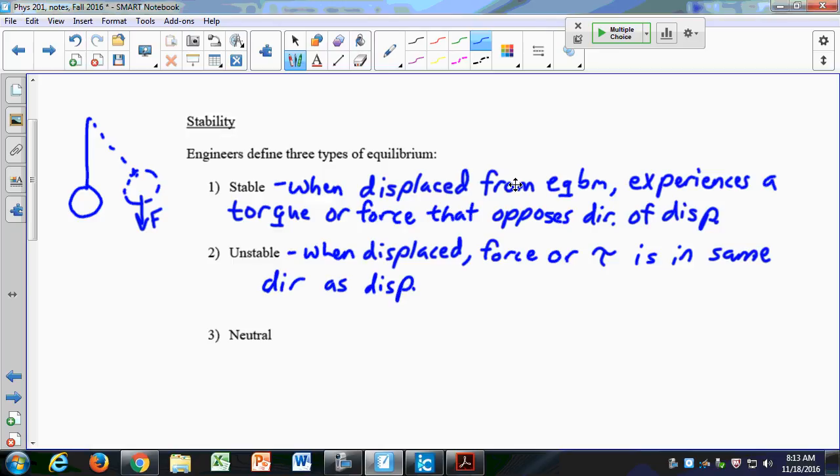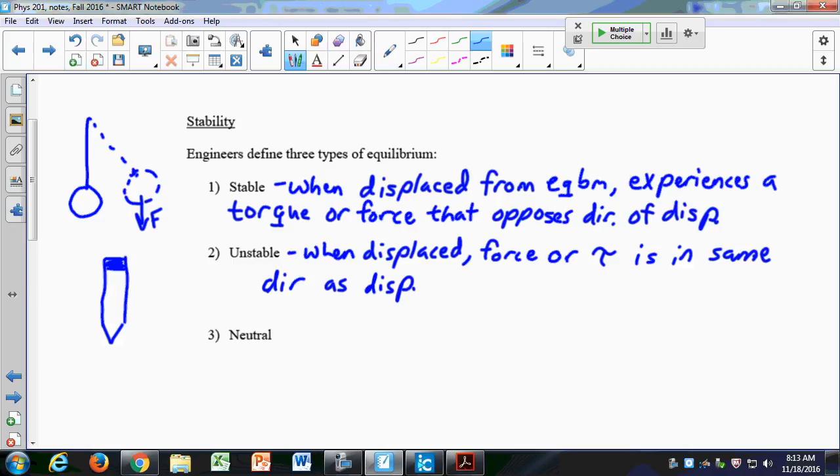So let's say, for example, you have a pencil that is balanced on the end. If you displace this pencil, then the force due to weight will continue to cause it to move in that direction.